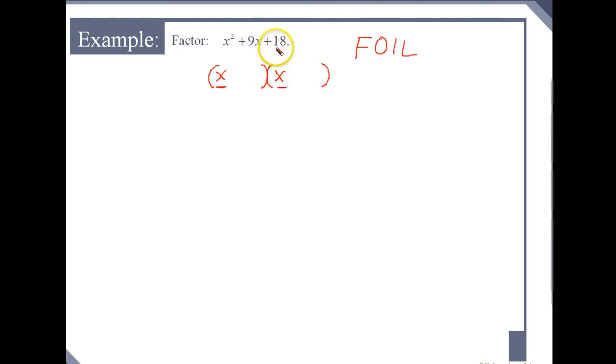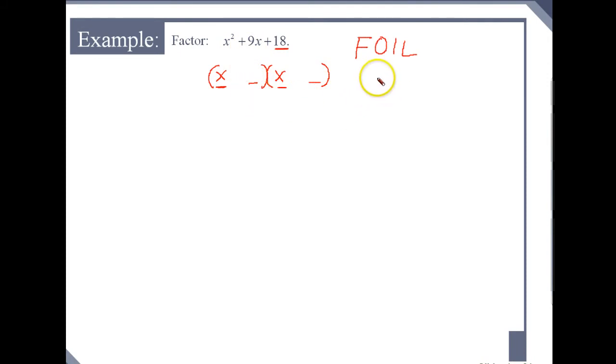Now what we're going to do is sort of undo this. What are the factors of 18 that made this and this, but then when we did our outers and inners, add up to 9?